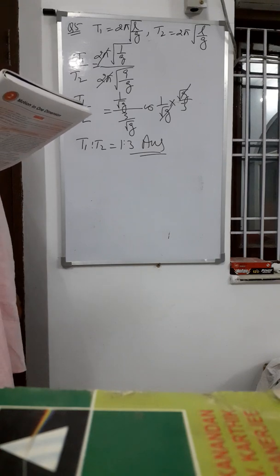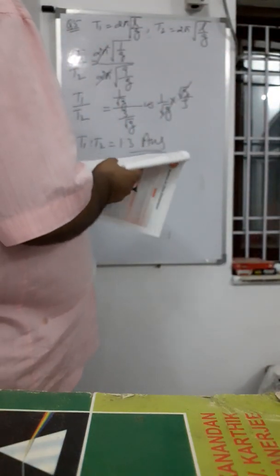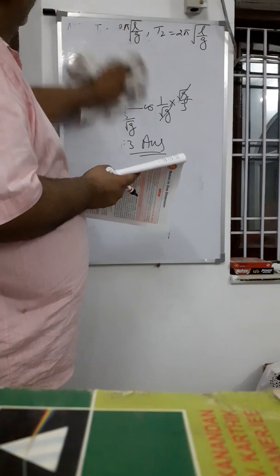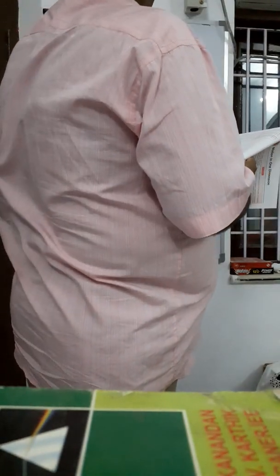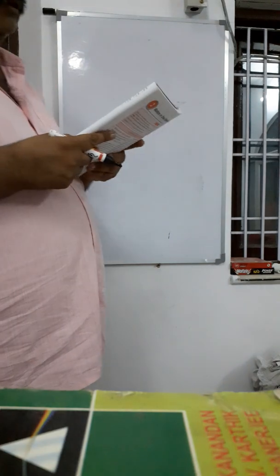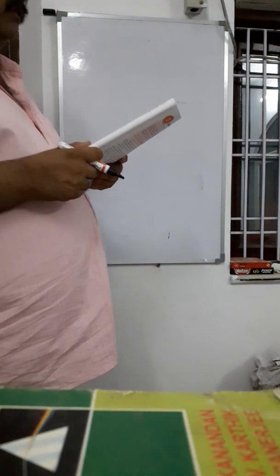Now, question number 6. Fifth was a very small question. Read the question. A pendulum oscillates 2 oscillations in 5 seconds.